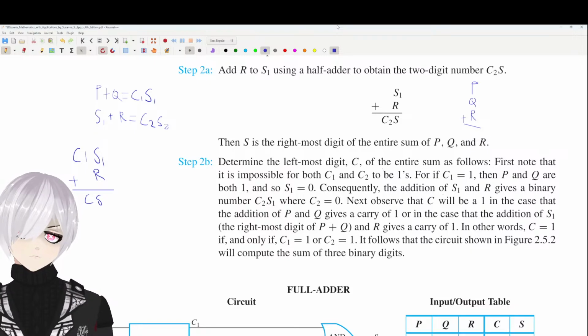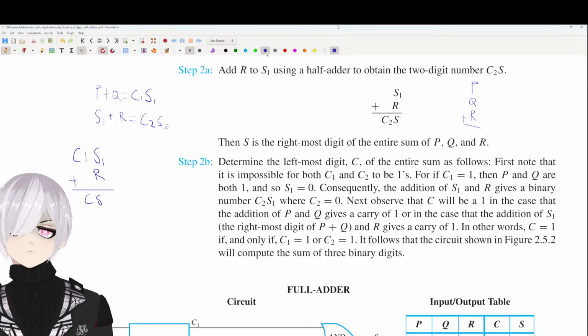Or C will be 1 in the case the addition of S1, the rightmost digit of P and Q, and R gives a carry of 1. In other words, C equals 1 if and only if C1 equals 1 or C2 equals 1.